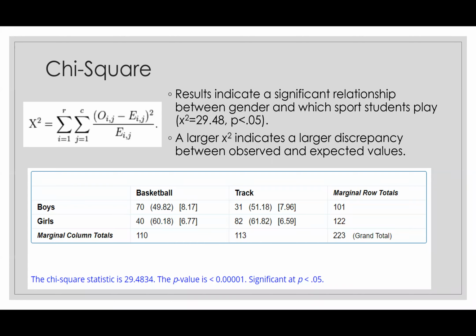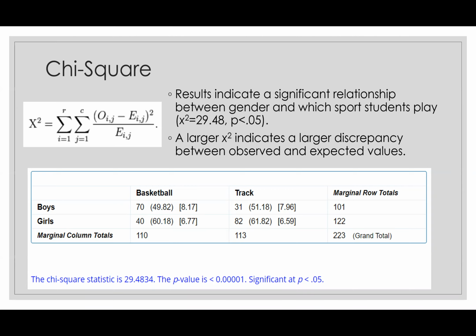So what this chi-square statistic of 29 is saying is that there is a significant difference between what we are expecting to see, again, those numbers in parentheses, and what we actually see playing out at the school. So that's how to interpret this table.